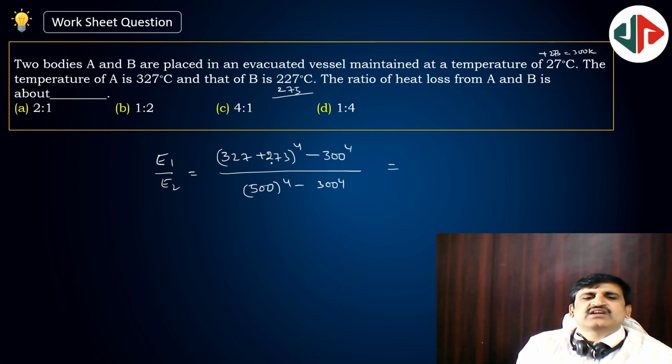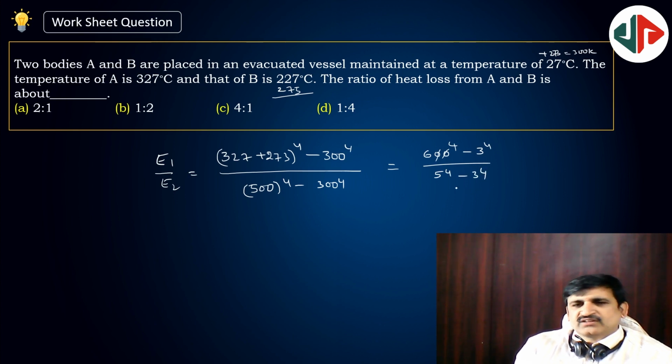So this is (600 to the power 4 minus 300 to the power 4) by (500 to the power 4 minus 300 to the power 4).